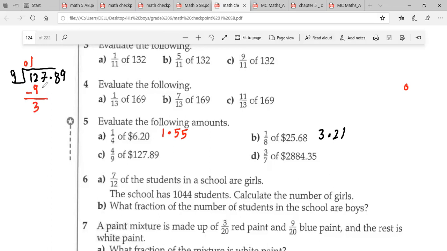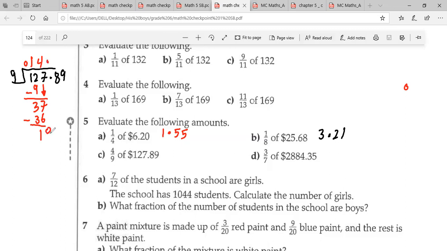Then 3, I cannot divide it by 9, so we will drop the 7. 37 divided by 9, the nearest number is 36, which is 4. So we will write 4. Then 4 multiplied by 9 equals 36. Then it will be 1. 1 cannot be divided by 9, but don't forget we will put the decimal point up here.